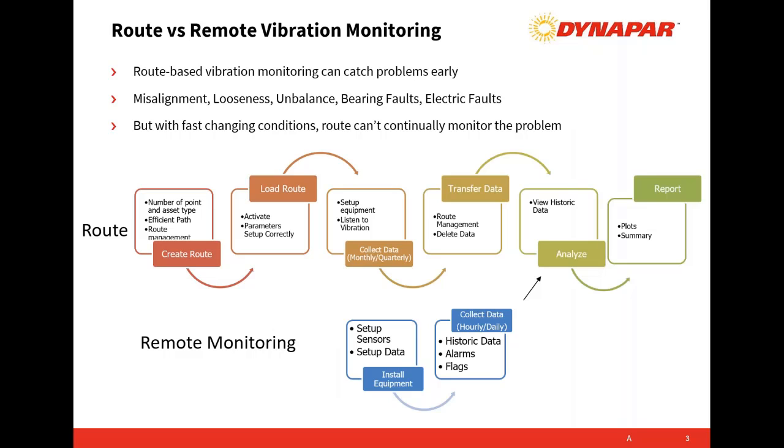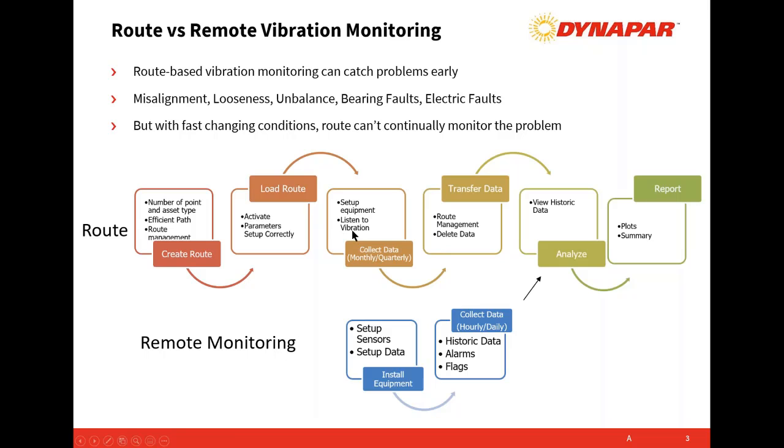Okay, good. So first thing is, many companies, and this isn't all companies, it really depends on where you come in, may or may not already have a route-based vibration monitoring program. Someone comes in, creates a number of points on each asset, creates an efficient path, creates the route, and loads the route into their handheld monitoring system.